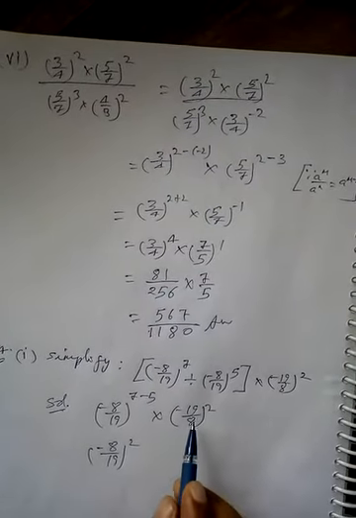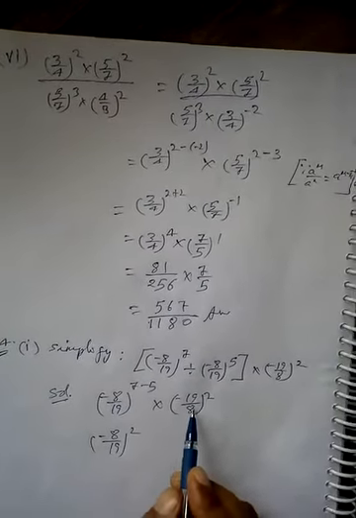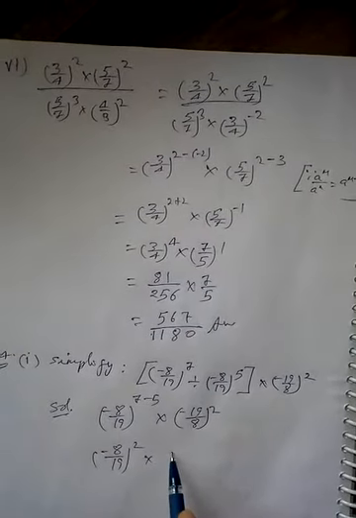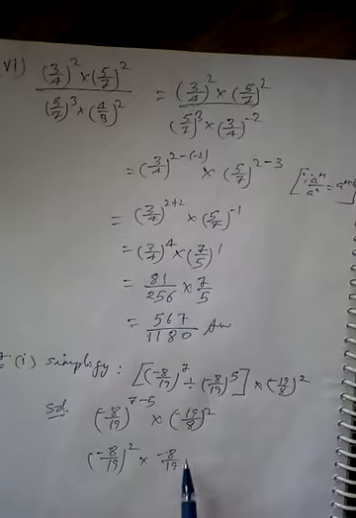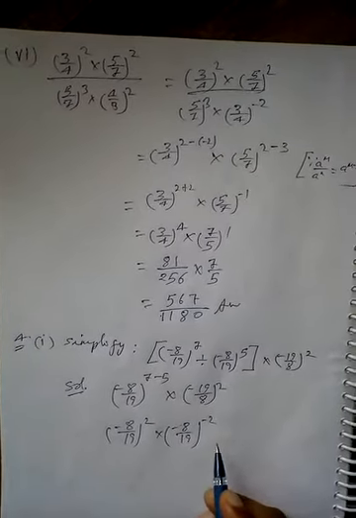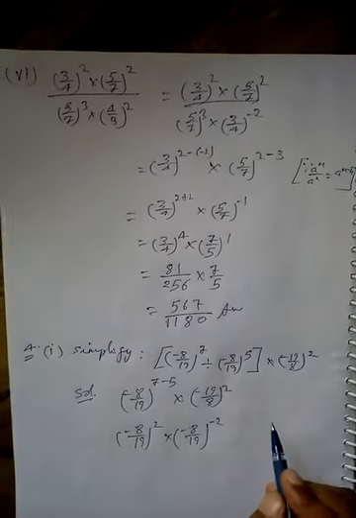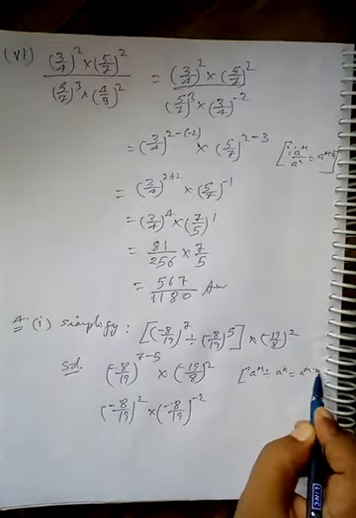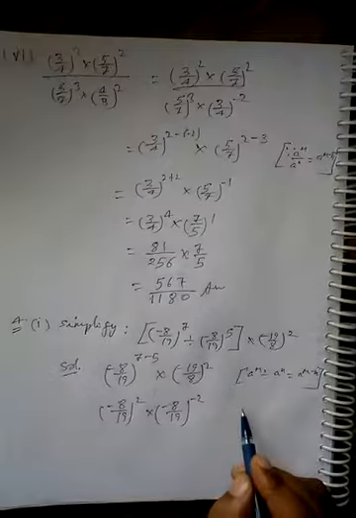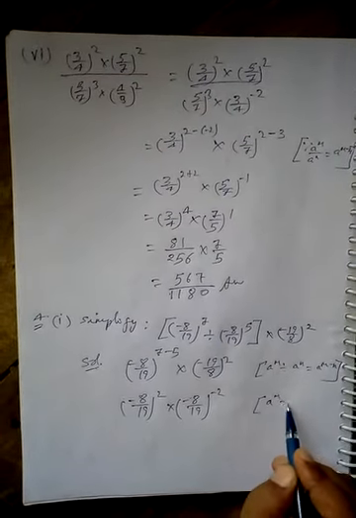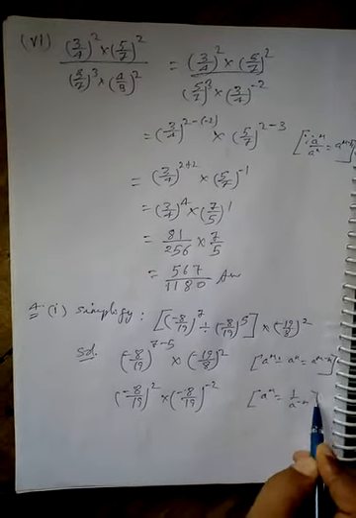So in order to make the base same, we'll have to take the reciprocal of this, that is (minus 8 by 19) whole raised to the power minus 2. It gives you the same base. Now we have applied the law here: a raised to the power m divided by a raised to the power n gives a raised to the power m minus n. Here I have taken the reciprocal, so a raised to the power n is equal to 1 upon a raised to the power minus n.